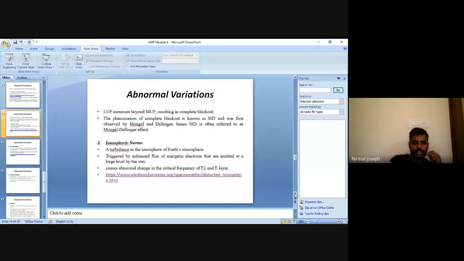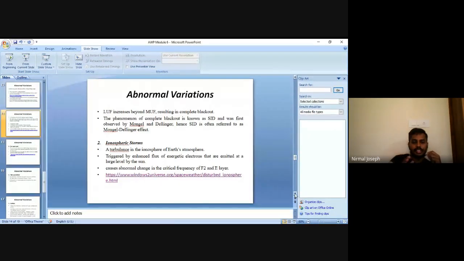It is triggered by an enhanced flux of energetic electrons that are emitted at a large level by the sun. Sometimes from the sun, an enhanced flux of energetic electrons can happen, and if that enters the ionosphere, it can cause a turbulence, which is referred to as an ionospheric storm.